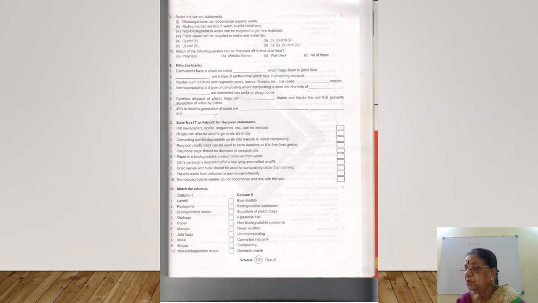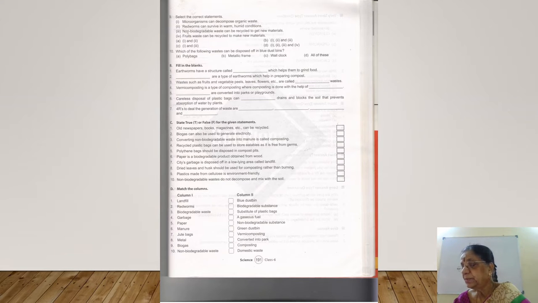Then say true or false. Whole newspaper, magazine can be recycled: true. Biogas can also be used to generate electricity: true. Converting non-biodegradable waste by composting: false. Converting biodegradable waste by composting: true, sorry. Then recycled plastic bag can be used to store eatables: false.